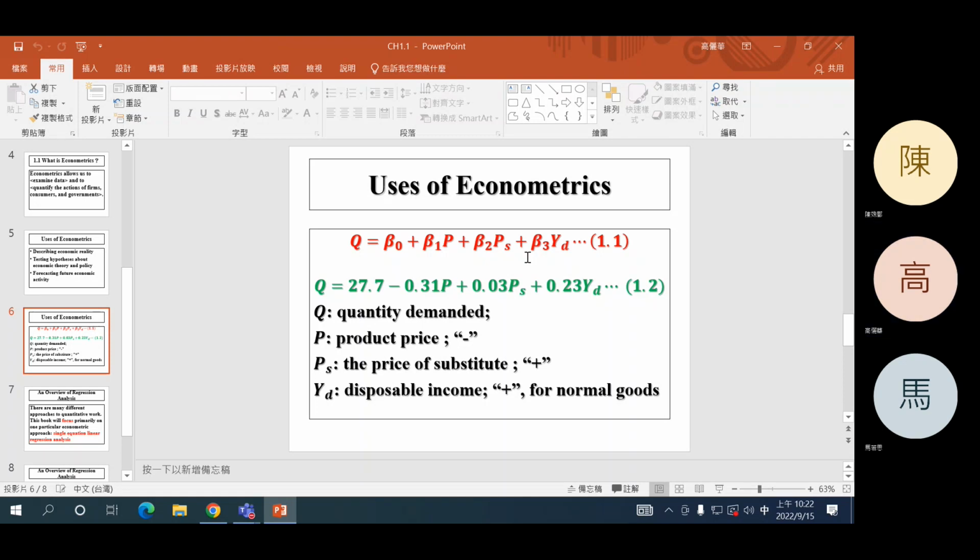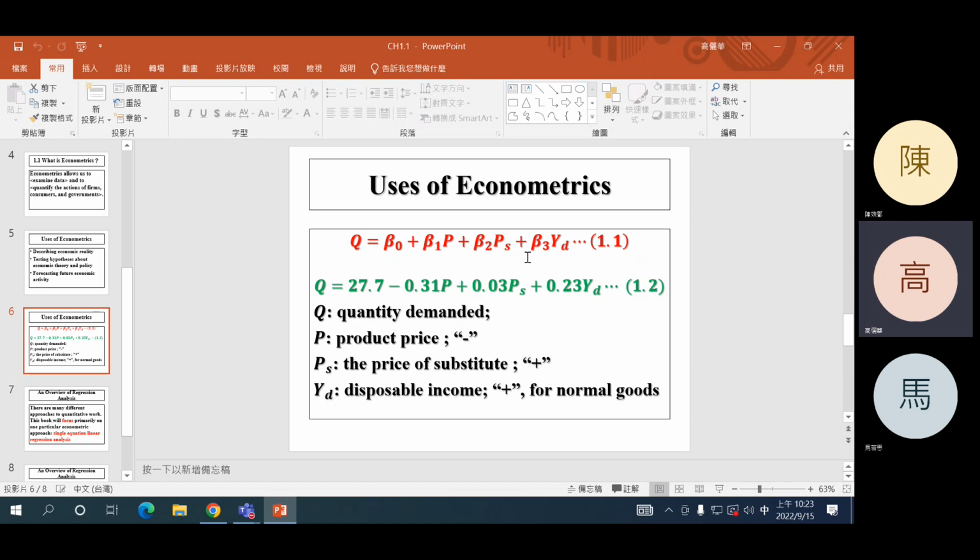So when the price of such a substitute goes up, the quantity of the iPhone goes up too. This one is the price of iPhone, and this one is the price of the substitute. So the relationship is different. This is negative, this is positive.